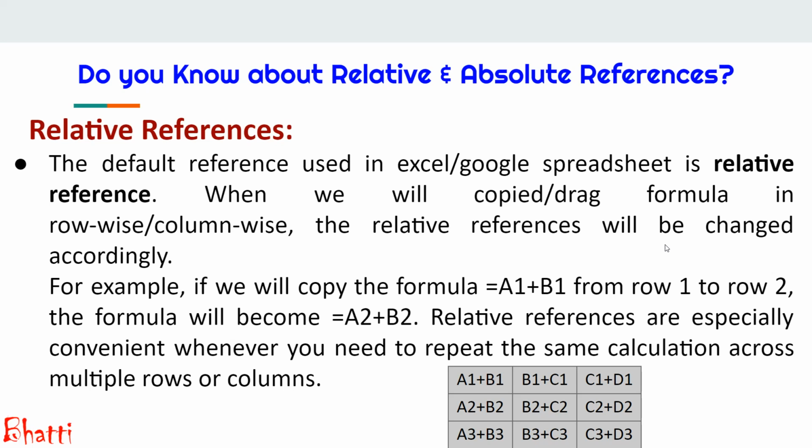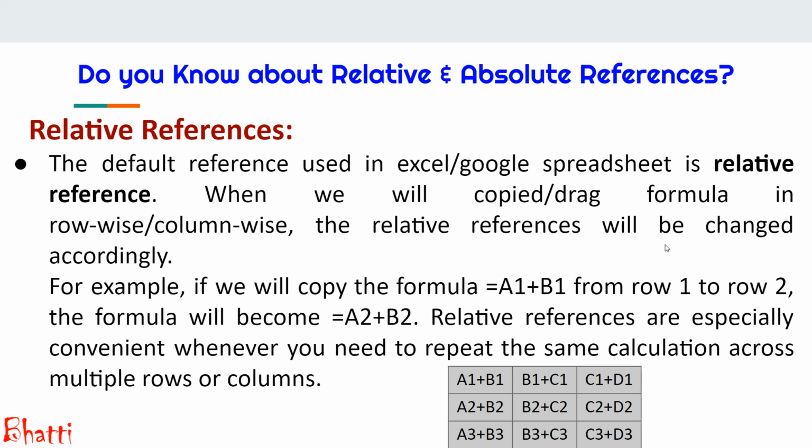So when I copy the formula from one row to another row, the row number will change, and at the same time if I copy the formula from one column to another column, the column name will also change.